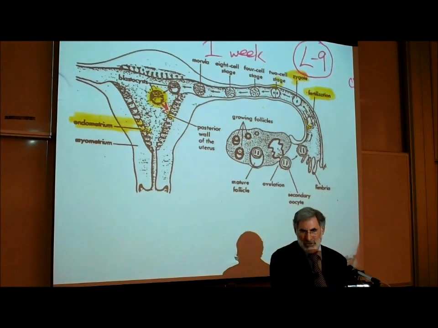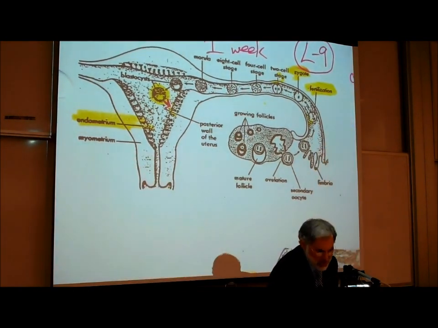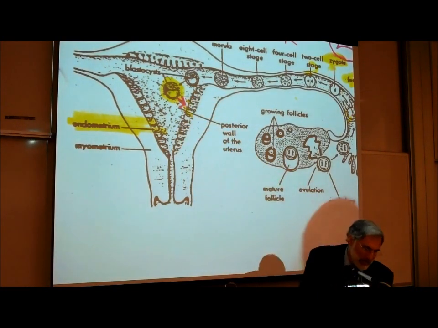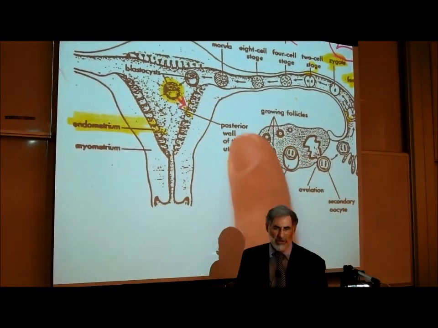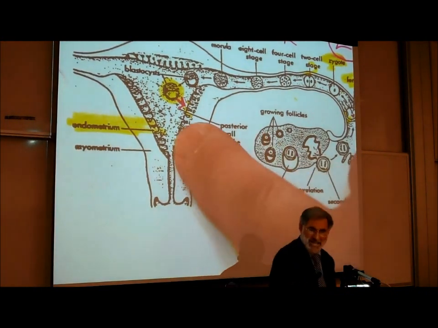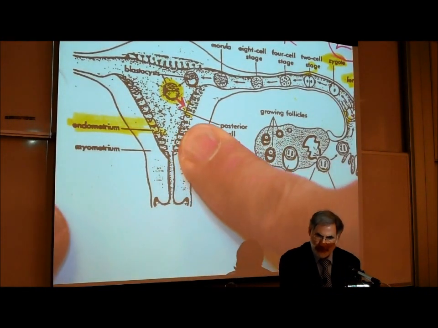The inner lining of the uterus is called the endometrium. Endo means inner, metrium means uterus. The embryo will implant in the endometrium, and it will be nourished by blood vessels in the endometrium of the uterus.